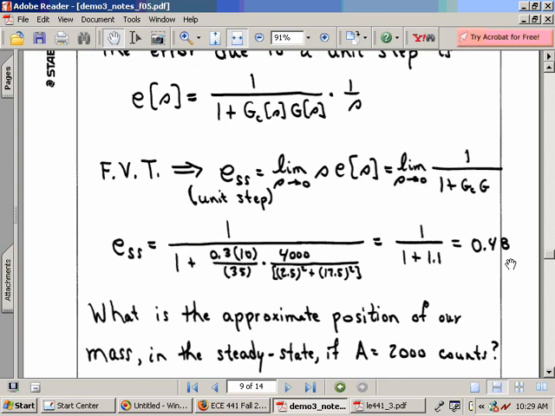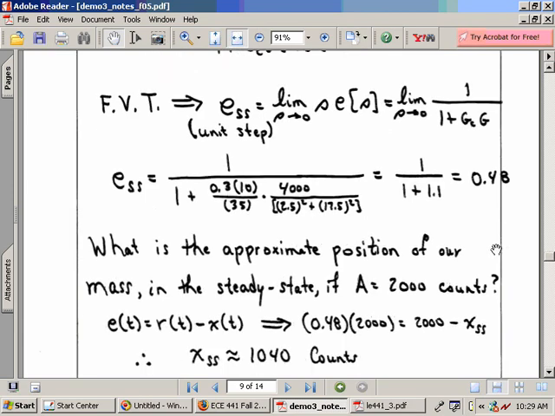That means that we're 0.52 units away from 1 when we put in a unit step. That means we're not even halfway to where we wanted to go. In our particular case, if we commanded the system to go to 2,000 counts, we can now use this expression, scale that 0.48, which was due to the unit step, by 2,000.